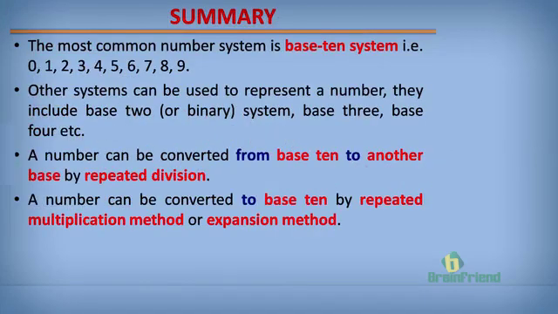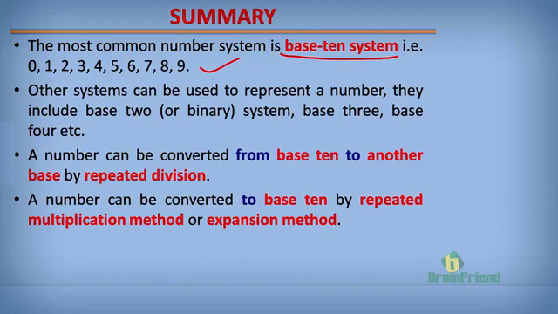Now this brings us to the end of our lesson for today. We said the most common number system is the base 10 system. That is 0, 1, 2, 3, 4, 5, 6, 7, 8, and 9. Then we have 10, 11, and so on. Other systems can be used to represent a number.